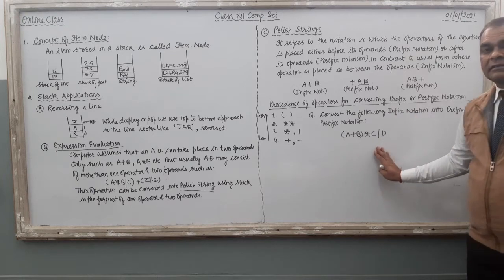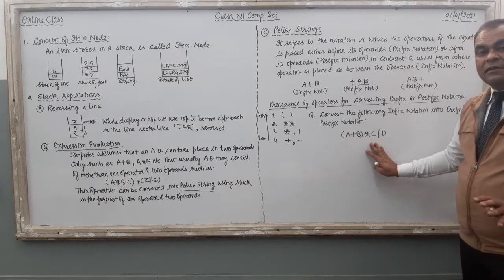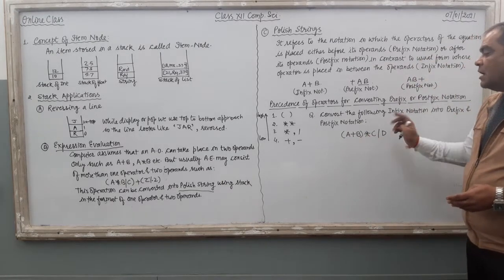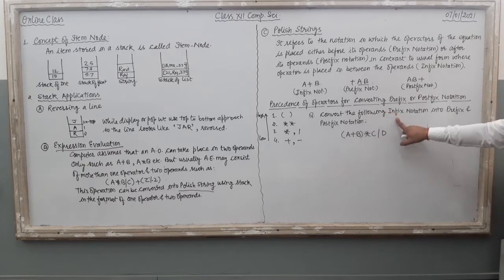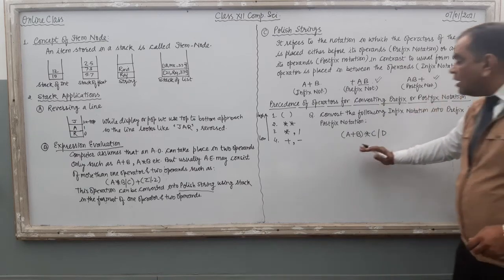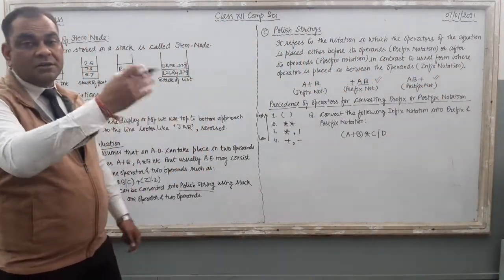It is a usual equation, and the equation is known as infix, where operators are in between the operands. Just a normal equation. The question is to convert the following infix notation into prefix. Prefix means into this format. And postfix notation means you have to convert this equation into prefix as well as postfix notation.